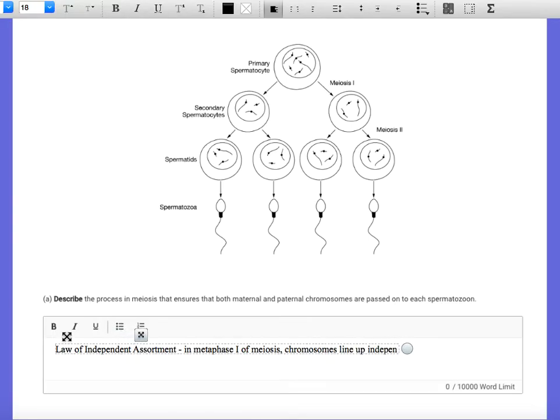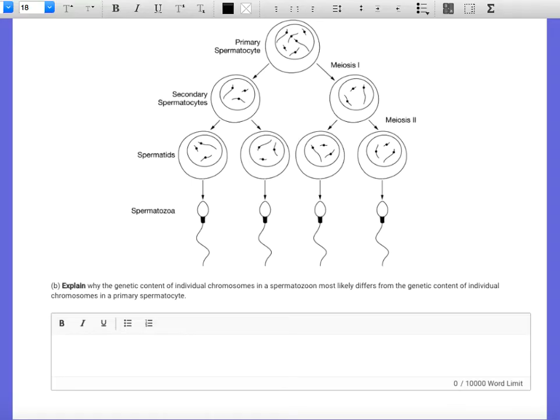You flipped a lot of coins modeling this in class, and you saw that just because you flipped heads and got mom's chromosome 1, it doesn't necessarily mean you're going to get heads for chromosome 2. You can easily get tails and inherit dad's. So that ensures that maternal and paternal chromosomes are passed to each spermatozoan.